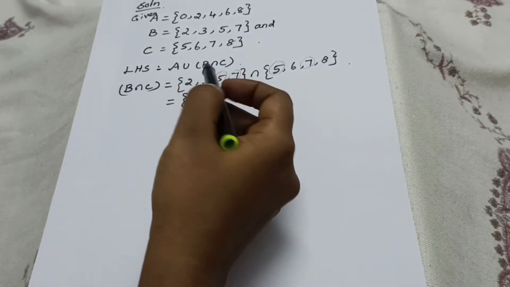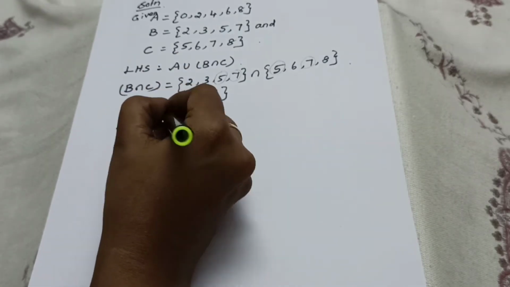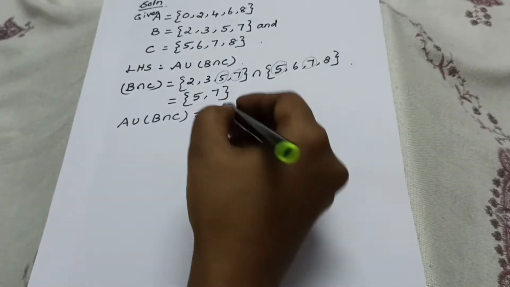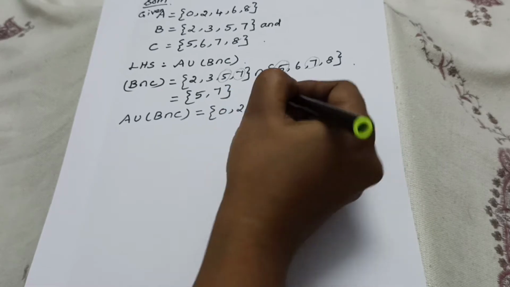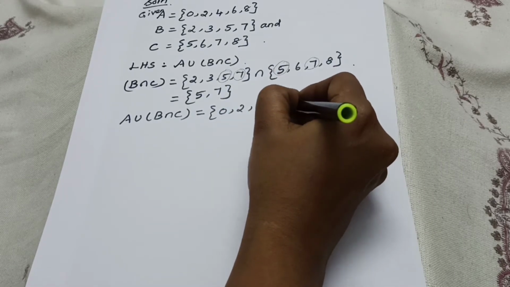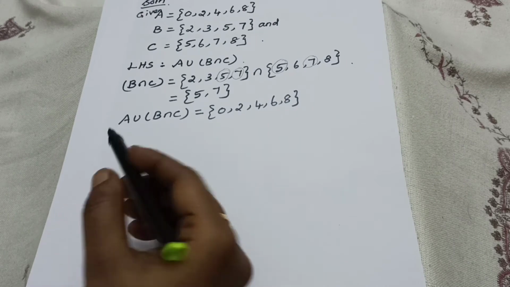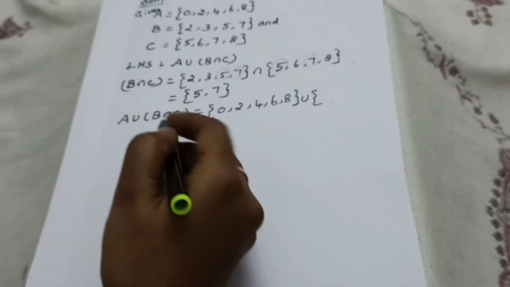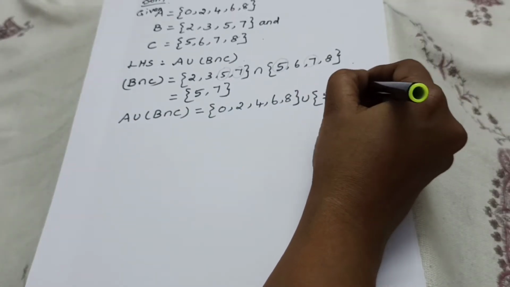Then left hand side, what is given? A union (B intersection C) is equal to, what are the A elements? 0, 2, 4, 6, 8. Very good. Then the symbol is union, isn't it? Then B intersection C is {5, 7}.